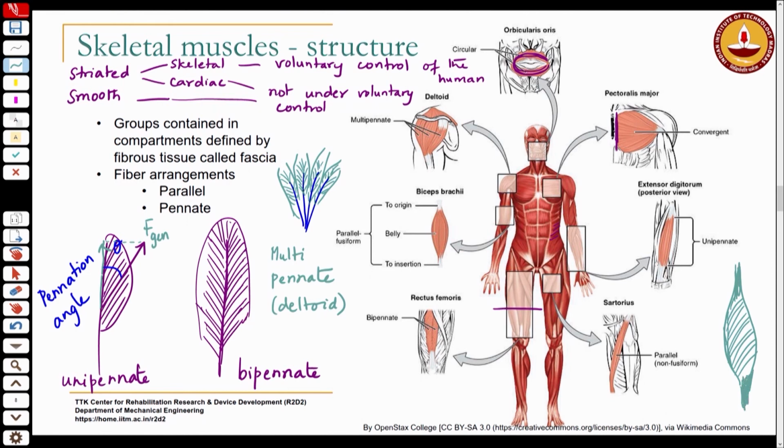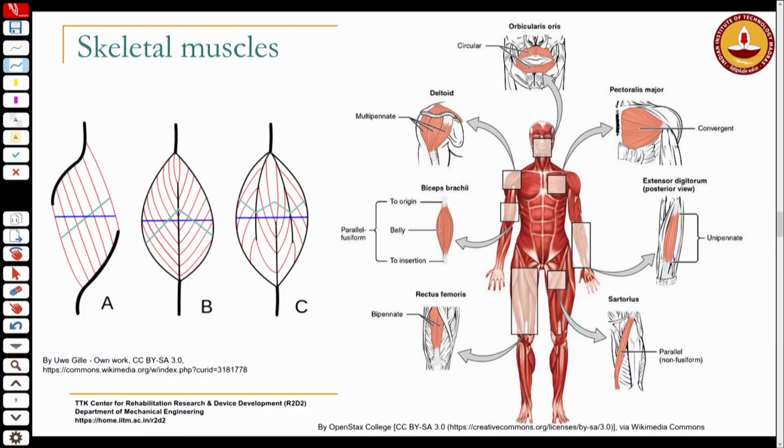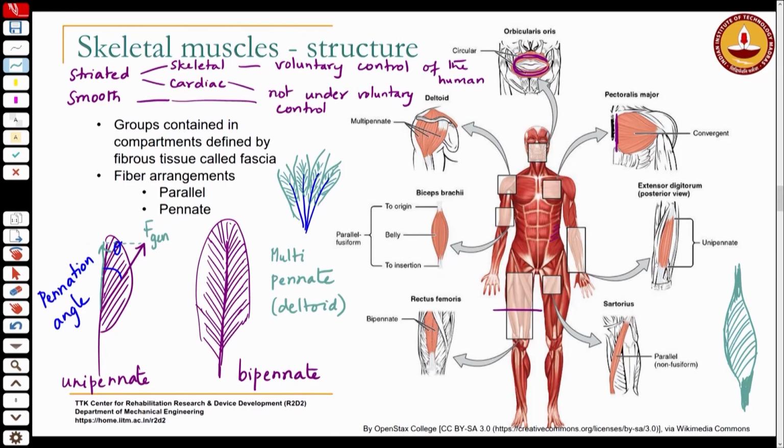The muscle has the fibers that are aligned at this angle. If it attaches to a bone here and a bone here, then this is your musculotendinous junction. Then you have the muscle, but the fibers of the muscle are at an angle.